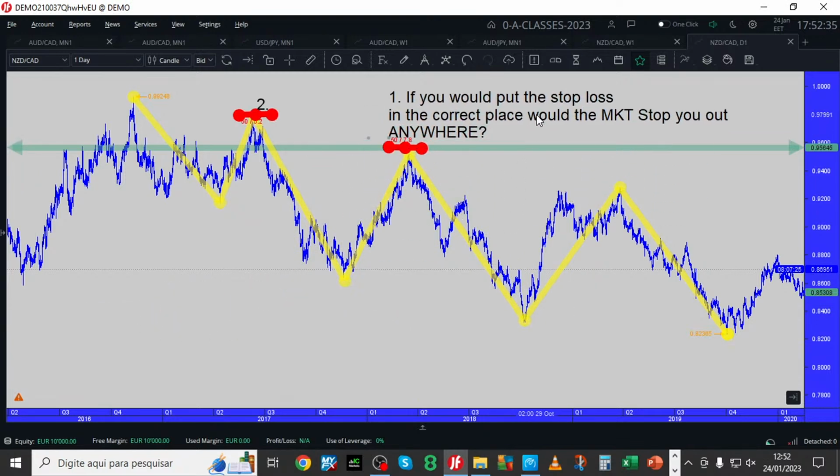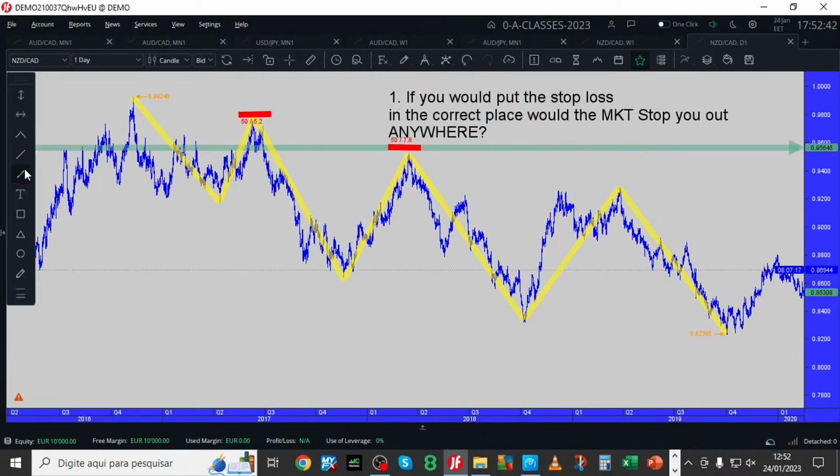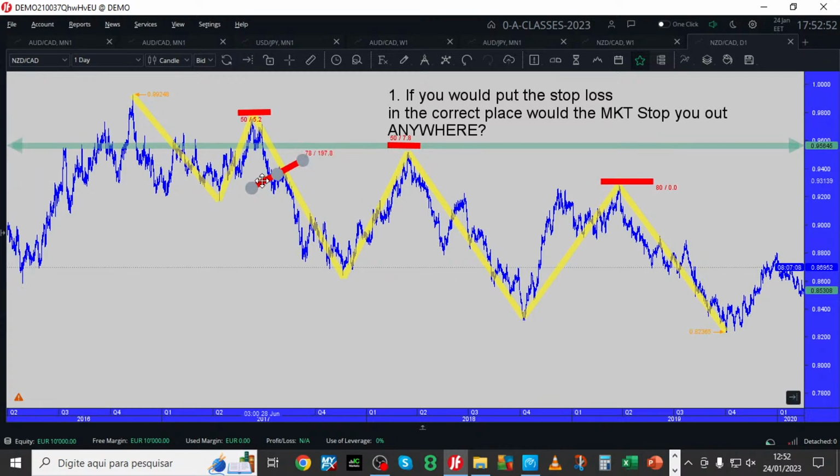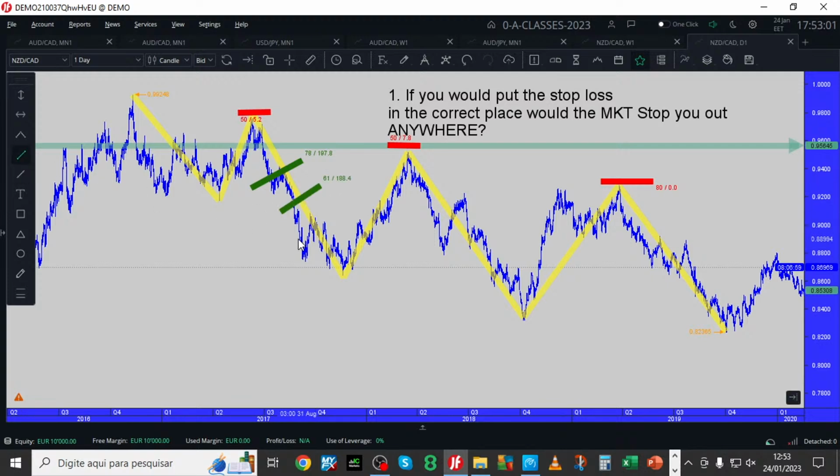If you would trade the market wave in the correct way, meaning you would put the stop loss up in here, up in here, and up in here, it really doesn't matter where you would enter the market. You could be entering in this leg, in the first down, on the counter trend line break, in the second extension. Can you see it, everybody?